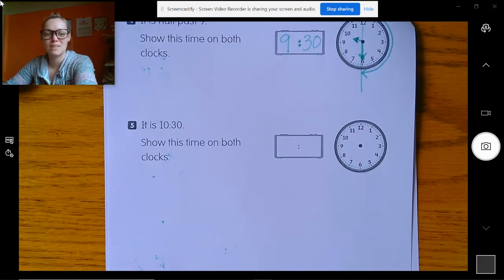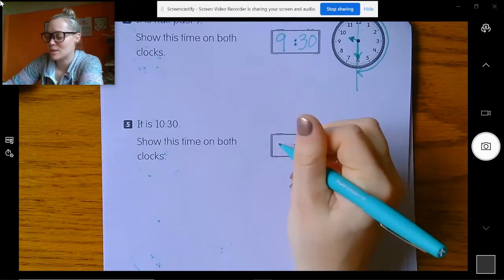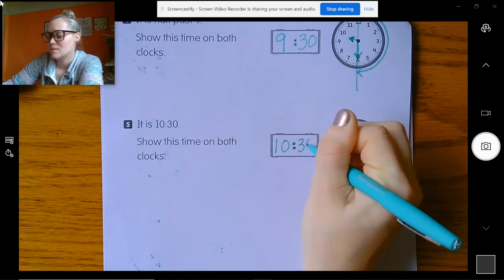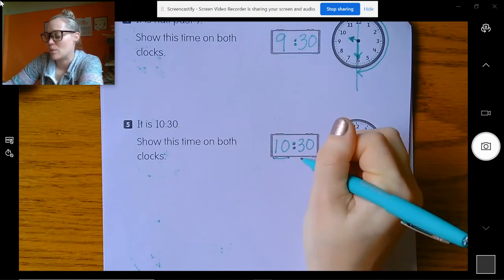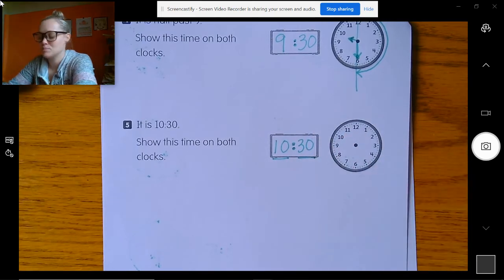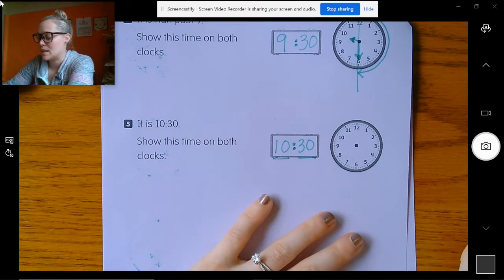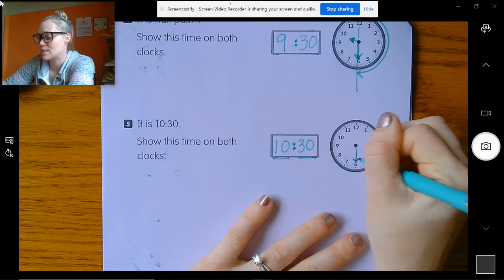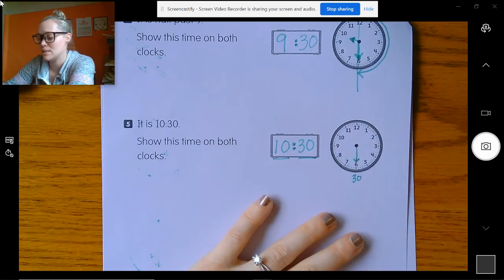And our very last one, number 5, 10:30. That's going to be easy to write on the digital clock. We have our hour here, and we have our minutes here. 10:30 means my minute hand is going to be pointing straight down because that shows 30 minutes.